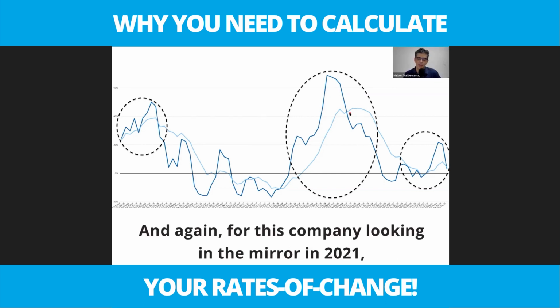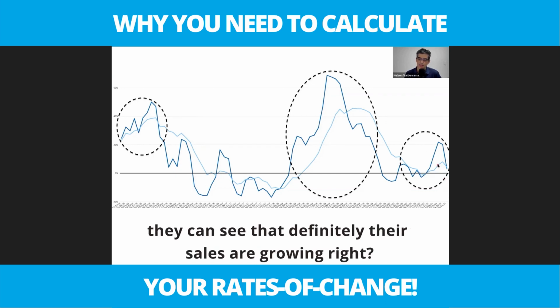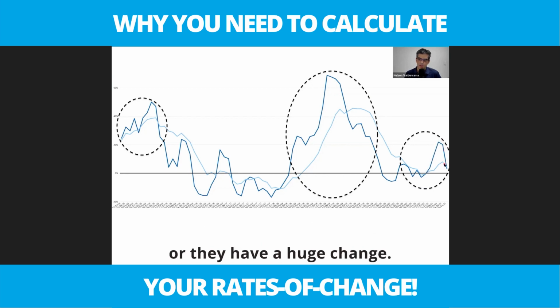And again, for this company looking in the mirror in May 2021, they can see that definitely their sales are growing very, very rapidly, especially at the beginning, but they have a huge change.